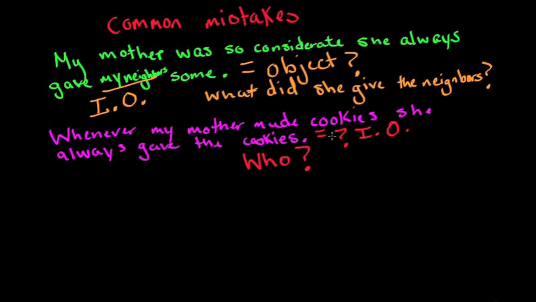This sentence doesn't tell me. But to who? Who did she give the cookies? So in this case, we're missing the indirect object. She always gave the neighbors the cookies. So that's what we're missing in that sentence.